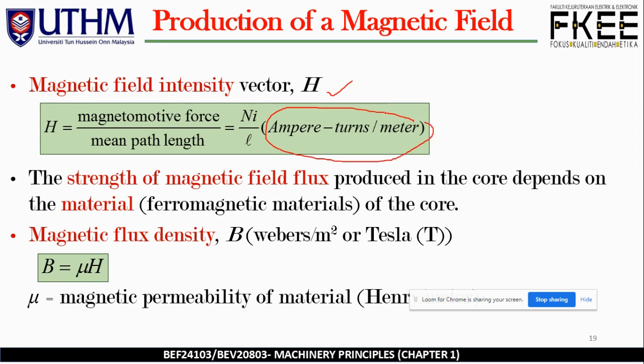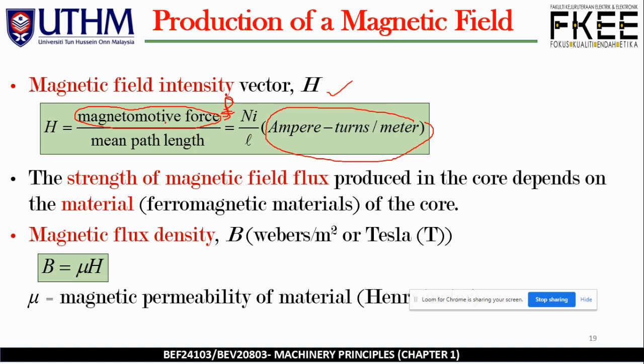Now, about the definition of magnetomotive force. This is denoted by F, or a special script F. Magnetomotive force is the ability of a coil to produce magnetic flux.